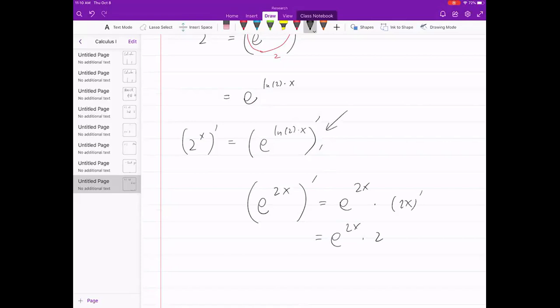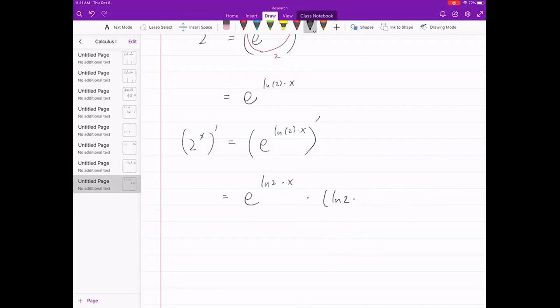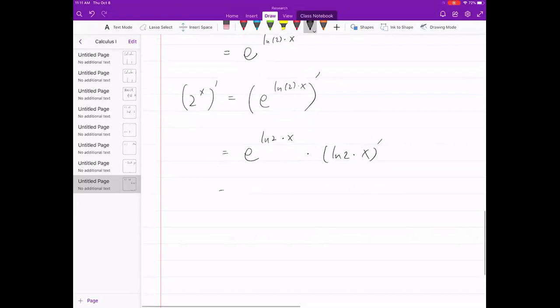This one then will be exactly the same, except you don't have a nice number like 2. You have a bad number, ln2. But more or less, they're just numbers. So note, this is just a constant.